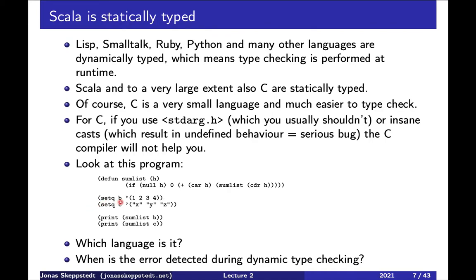So we can create a list containing these numbers and print sumList like this. And we can do this as well with strings. That's not a good idea, but the compiler doesn't complain until we run the program. So which language is this? It's Common Lisp.